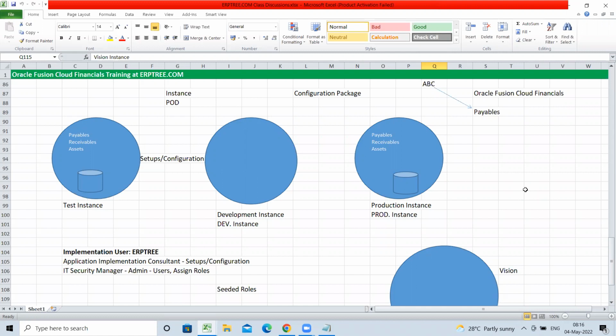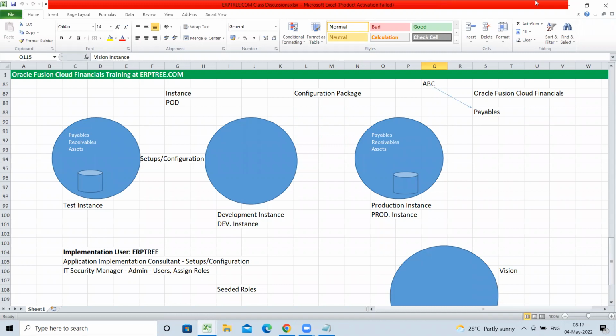By default, they don't clone on any schedule. If you want to copy the production instance to your test instance or another instance, you have to raise an SR, and they can do it. There are no fixed schedules. If you request, they will do it, as per need. Yeah. Okay.